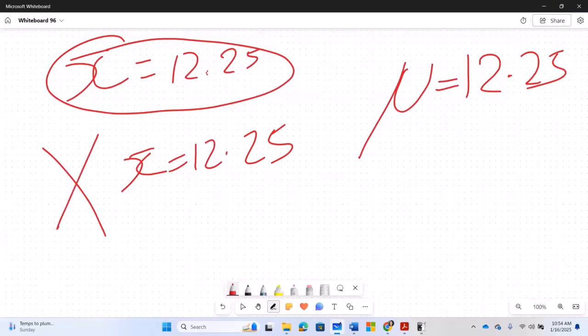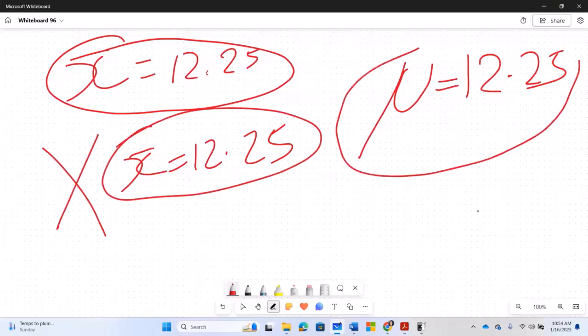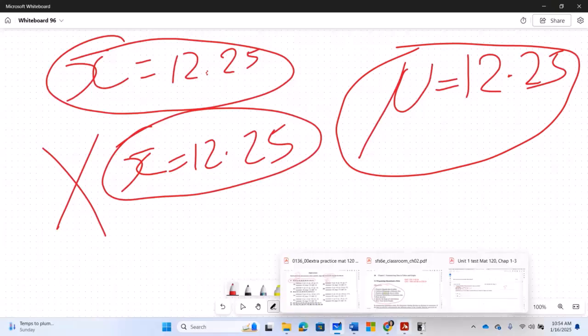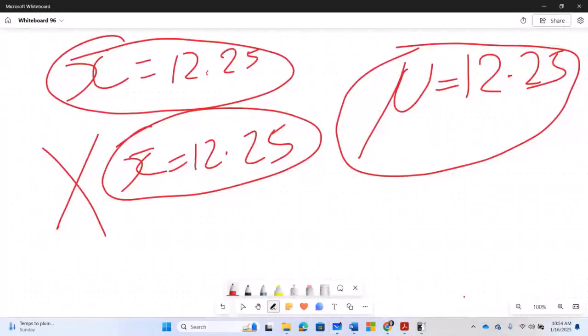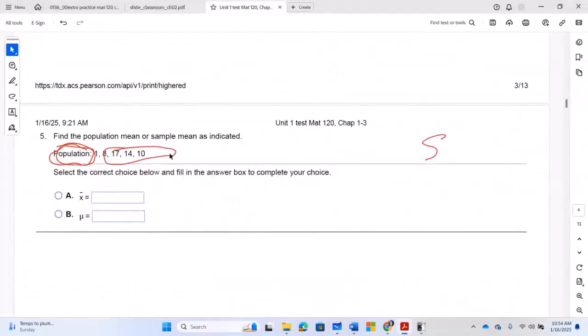The question is not a sample question. It's a population question. Somebody who gives you this wants to know if you know the difference between sample mean and population mean, between population parameter and sample characteristics.